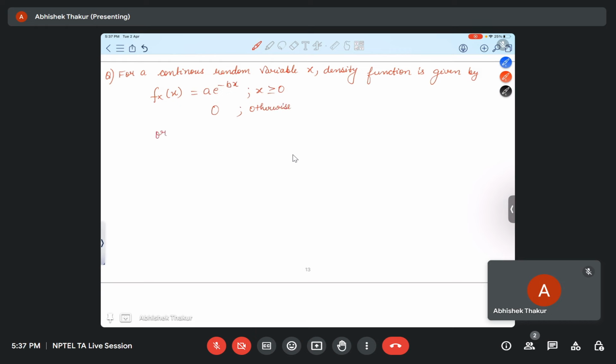Or it can also be written as a e to the power of minus bx times the unit function, because the unit function is 1 only for the value of x greater than or equal to 0. Else it is 0. In both ways we can write this density function. So find the relation between a and b.